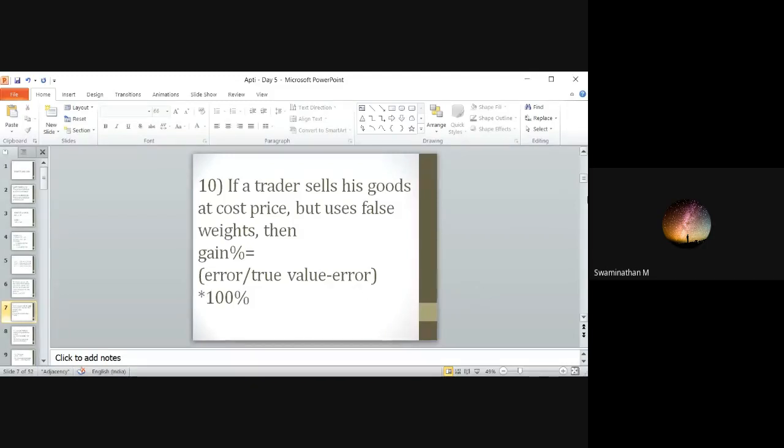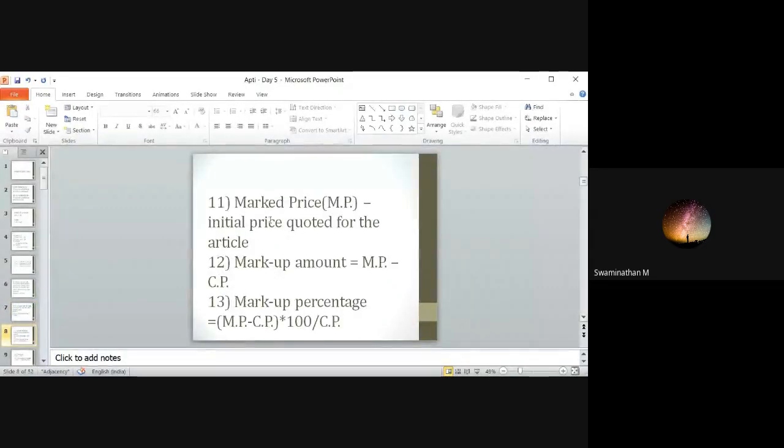Okay, now we move on to formulas of discount. Marked price. I'm introducing a new term, marked price. Initial price quoted for the article. For an item, what is the initial price quoted for sale? That is the marked price.